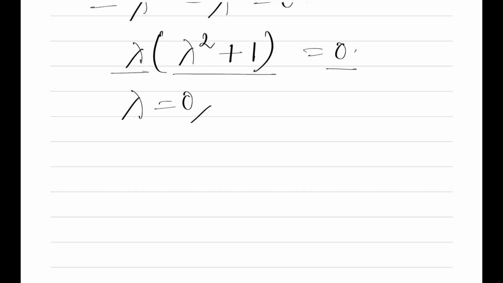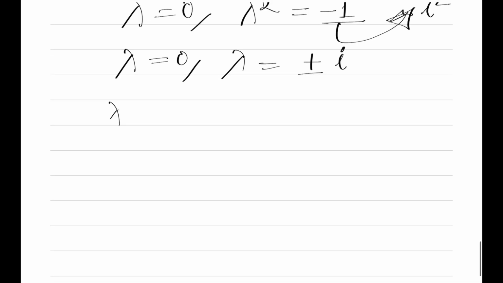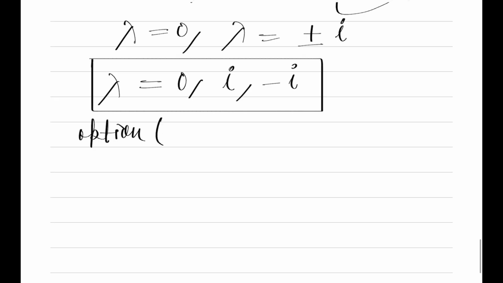Lambda is equal to 0 and lambda square plus 1 is equal to 0. We get lambda square as minus 1, which can be written as i square. Therefore lambda is equal to 0 and lambda is equal to plus minus i. Finally we can write lambda is equal to 0, i and minus i. Option D is correct.